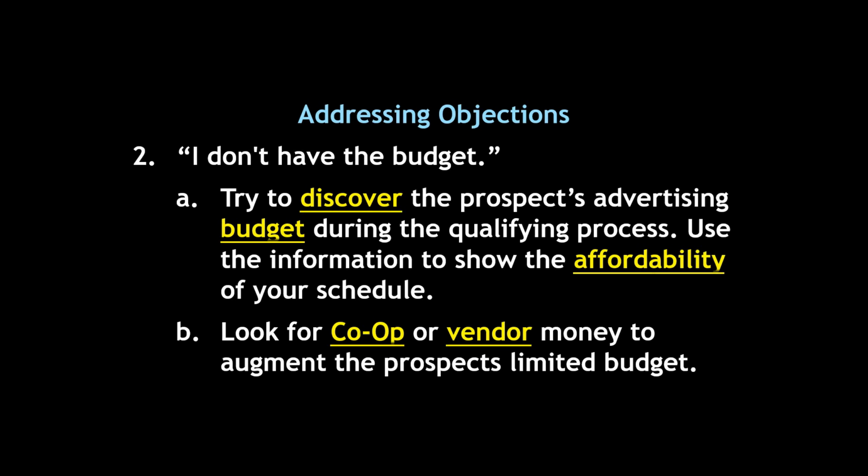Co-op is basically a term that is used for certain types of companies that may be able to get money for advertising from a parent company or an associated corporation.